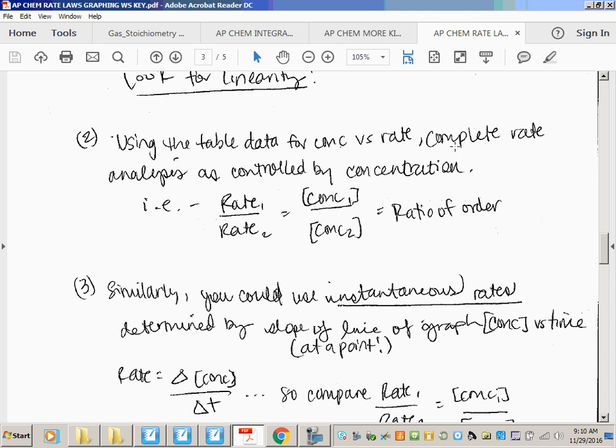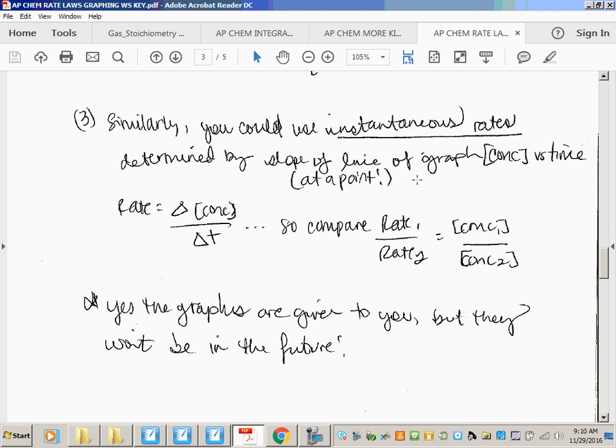The last one is doing instantaneous rate, which you won't often do, but you can take your graph, find a point, do your slope, your tangent at that point. Once you find the slope of that line, this would be a concentration versus time graph.